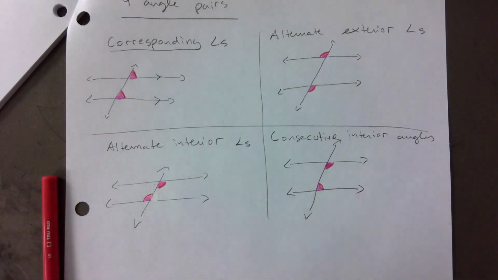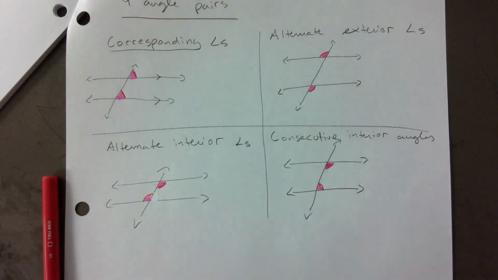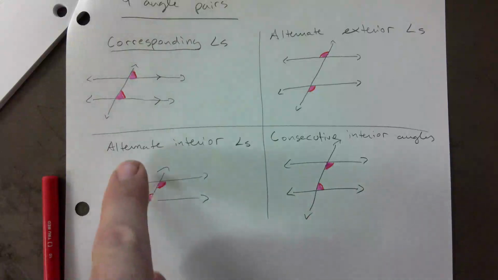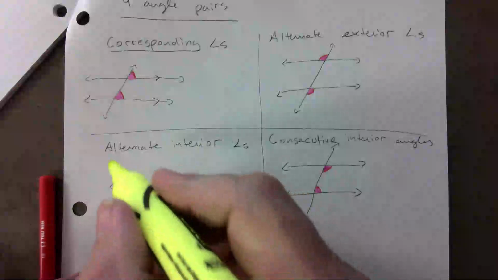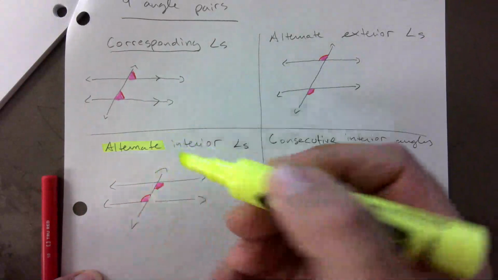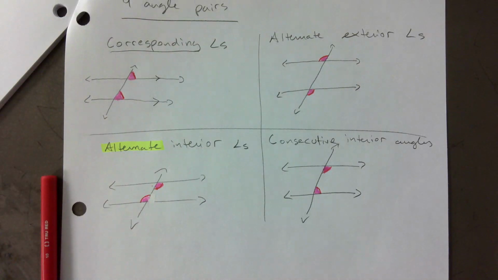And it's kind of nice that they're right beside each other because both of them are interior, correct? You've got your alternate interior, you've got your consecutive interior, but the key word here for alternate interior is opposite side of the transversal.